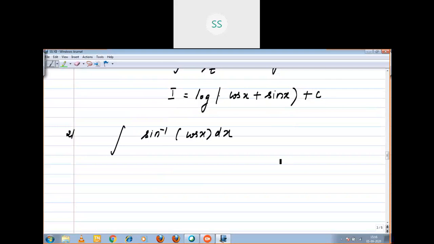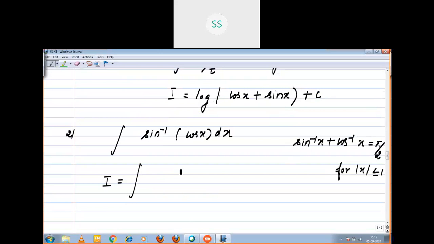Here you have to recall the inverse trigonometry identity: sin inverse x plus cos inverse x equals pi by 2 for all modulus x less than or equal to 1. Got it, children? You have to recall the trigonometry identities on and off. Once you practice, you feel comfortable to integrate.